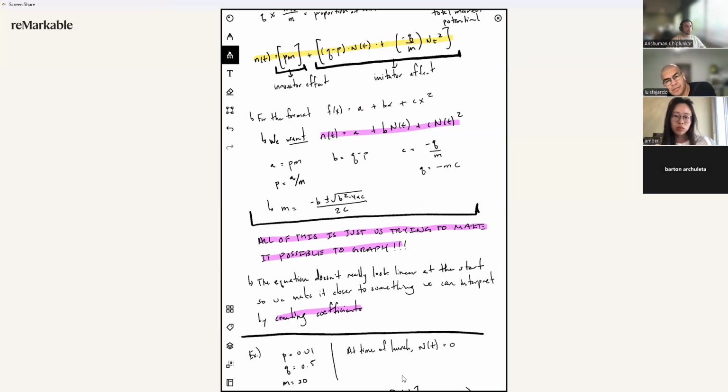And then this minus Q over M, I'm going to turn that into a C, because once again, that's a lot easier to graph. Those coefficients don't really mean anything because we're the ones who define them. It's just because we're trying to make it possible to graph. The actual calculations aren't that important. Like it says down here, we're just creating coefficients to make this work.